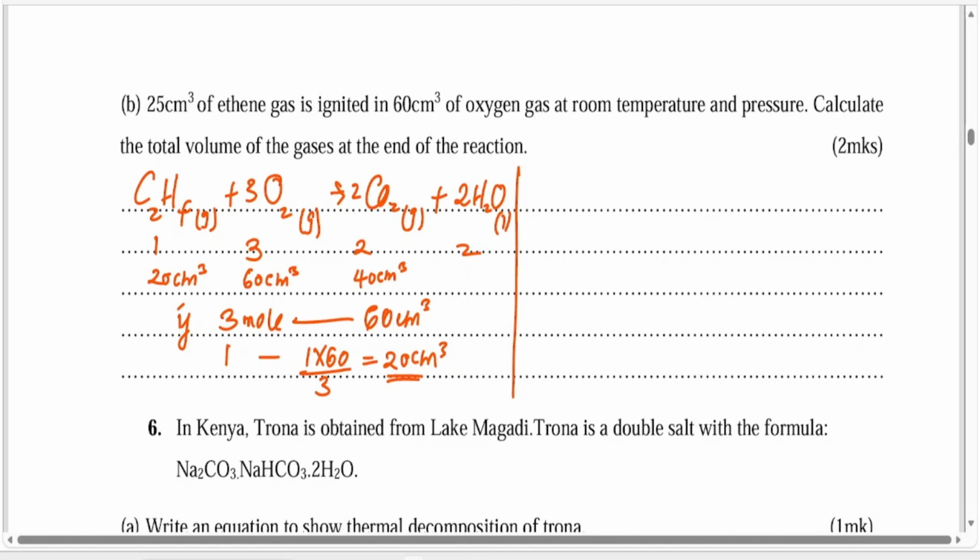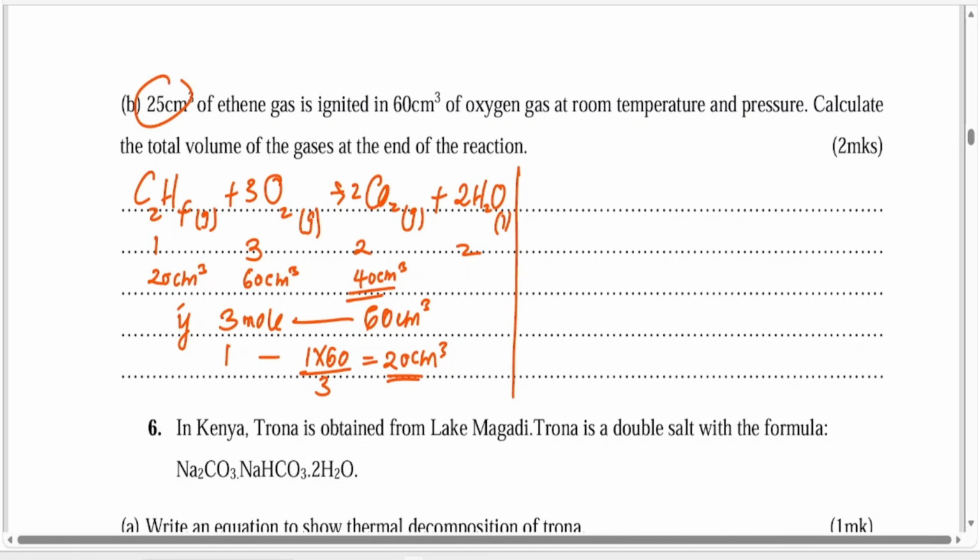So we were given 25 cubic centimeters of ethene, and we have only used 20 cubic centimeters of ethene to react with 60 cubic centimeters of oxygen, and we are being told to calculate the total volume of the gases at the end. So the gas that we have at the end is carbon dioxide, which is 40 cubic centimeters, and we only used 20 from the 25 that we were given.